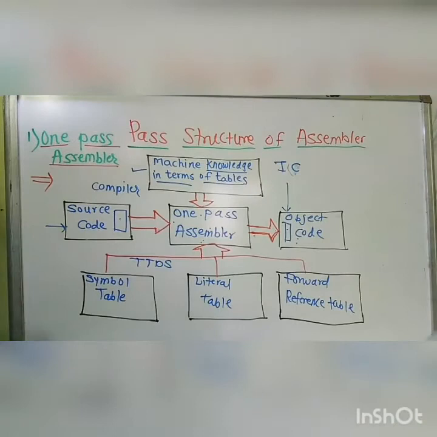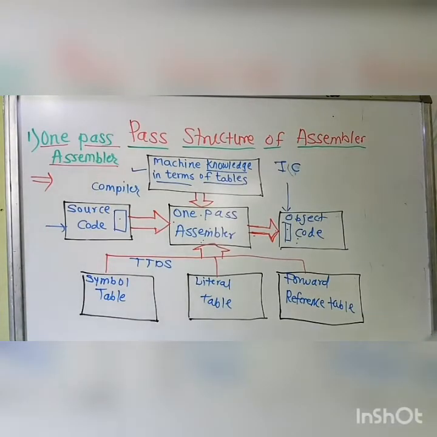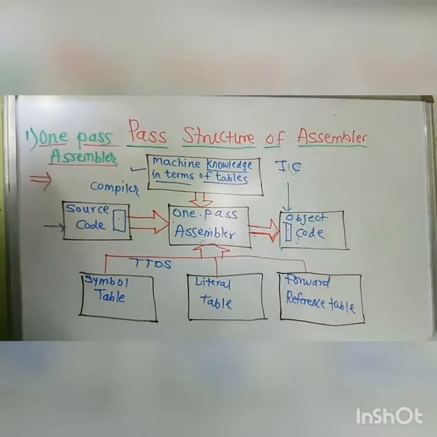So this is all about the one pass assembler. We will take a quick review. A one pass assembler is a type of assembler which converts the source code into its object code using some assembler procedure.